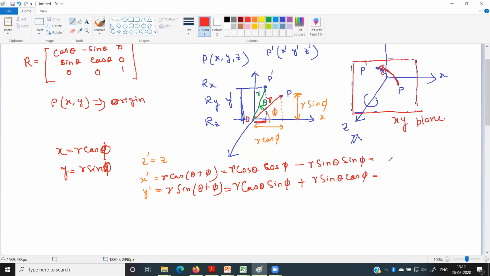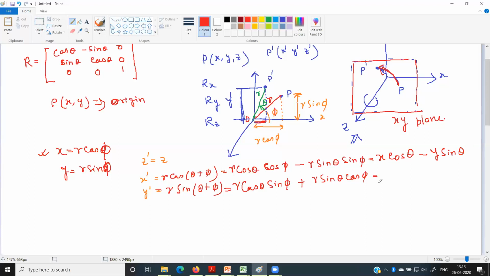So it will be x cos theta. This x value is nothing but r cos phi, so we are replacing r cos phi by x. So x cos theta minus r sin phi, which is y, so it will be y sin theta.